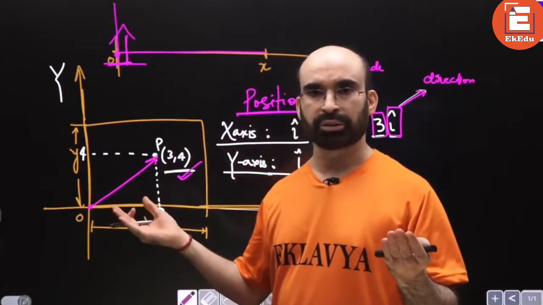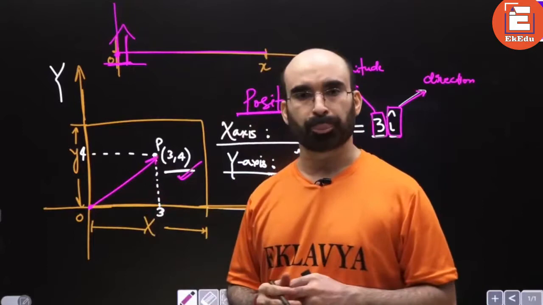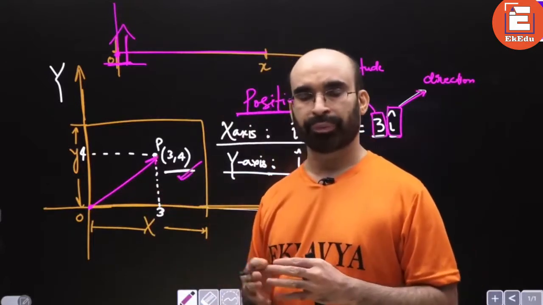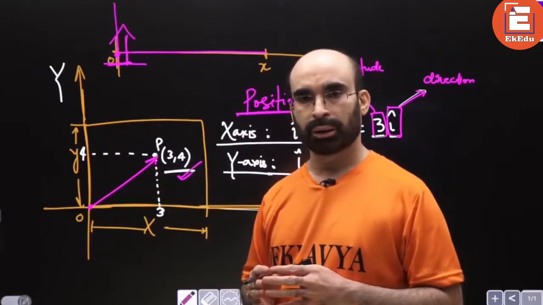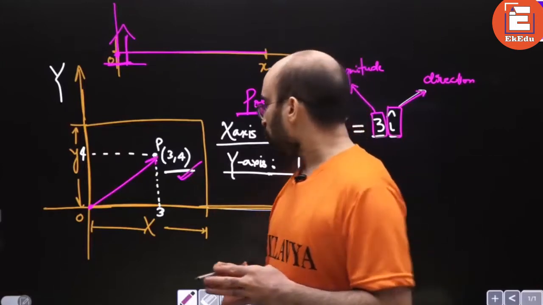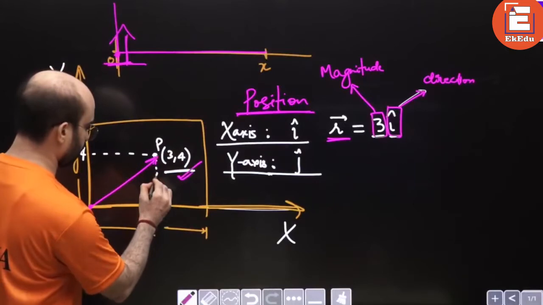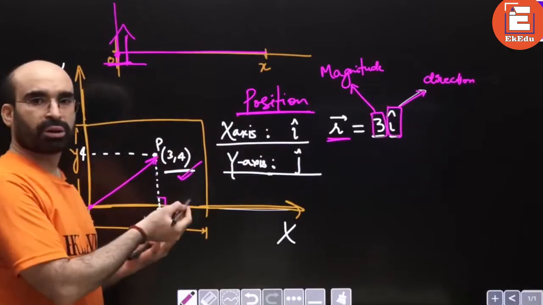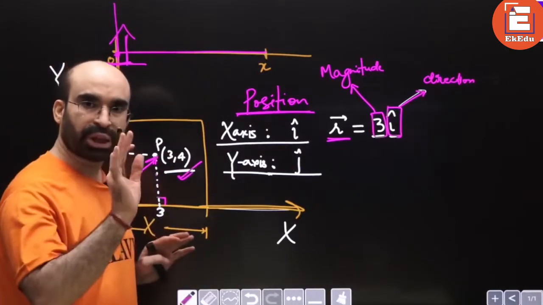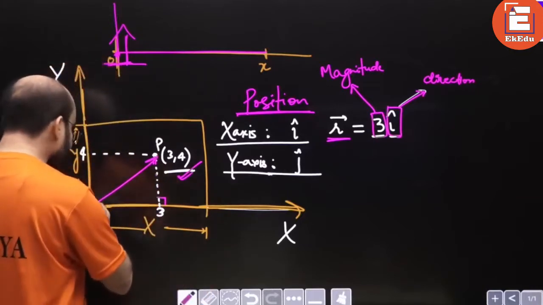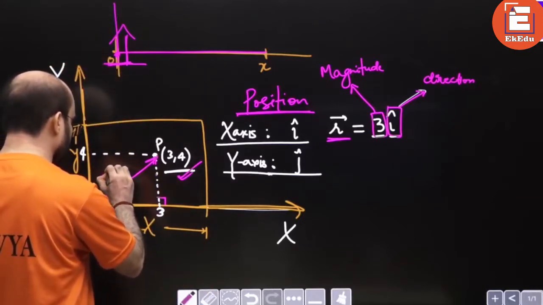Yes, it would be a straight line joining the two points, right? So how to determine this? Okay, we are aware of this, that using Pythagoras law we can find it out. That we will talk about later. So this is called basically position vector.